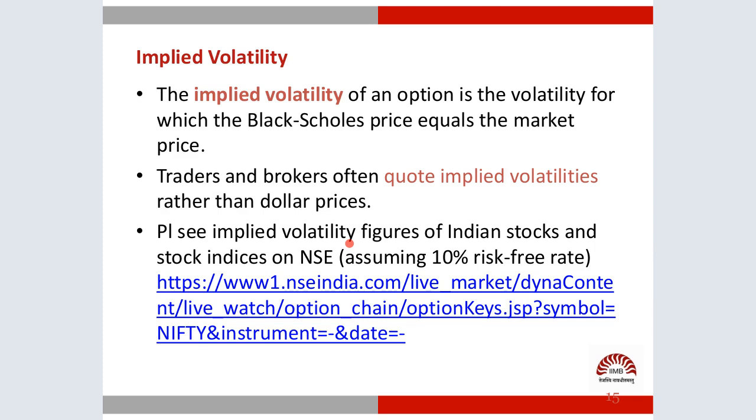What is the challenge in this whole process? So what I do is I say, okay, you have calculated the price, but you're not telling me what the volatility is.